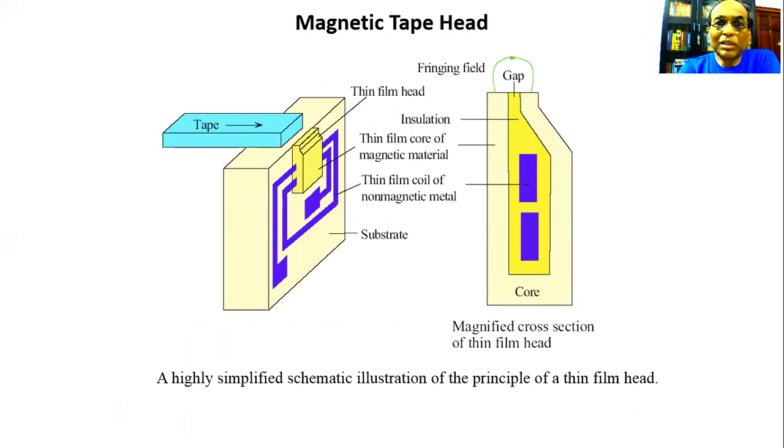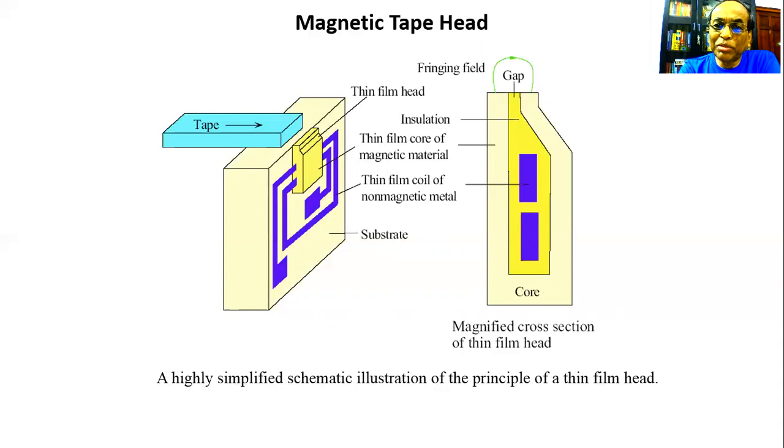This is a scheme, again, the tape and the head scheme, which is micro miniaturized. So here, this is the thin film head, and the yellow one is the insulating material.